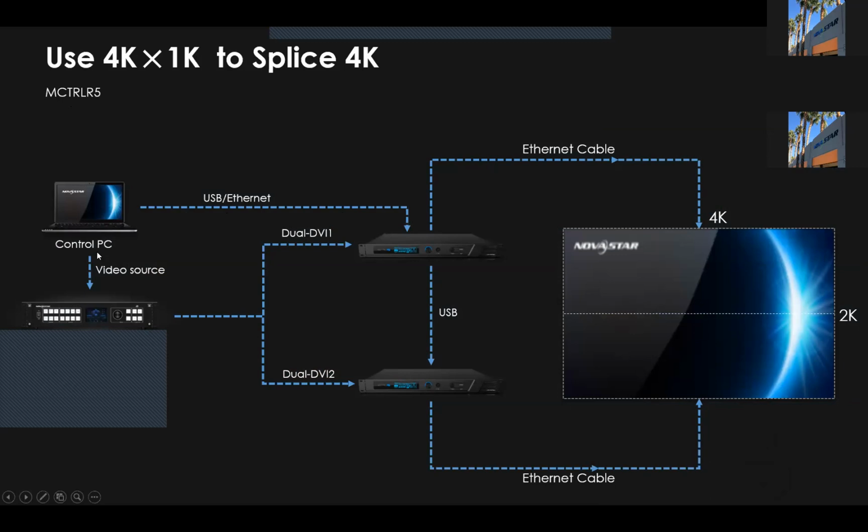Also, the control PC gives the video source to the 4K splicer, and the 4K splicer gives dual link device 1 and dual link device 2 directly to those two different R5.